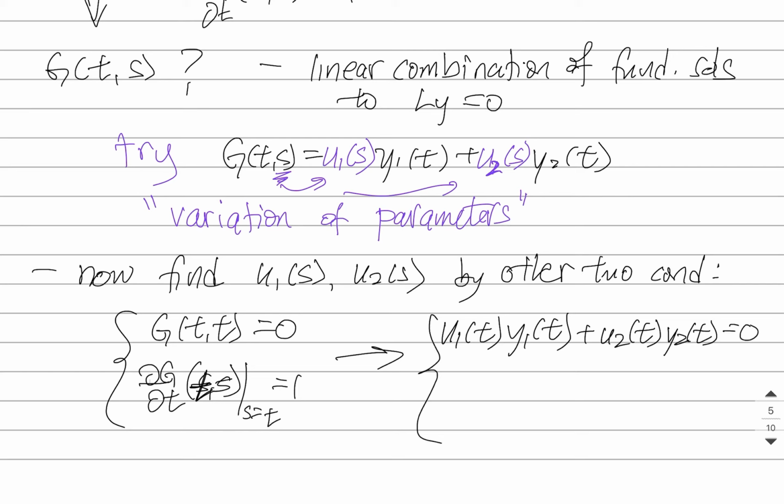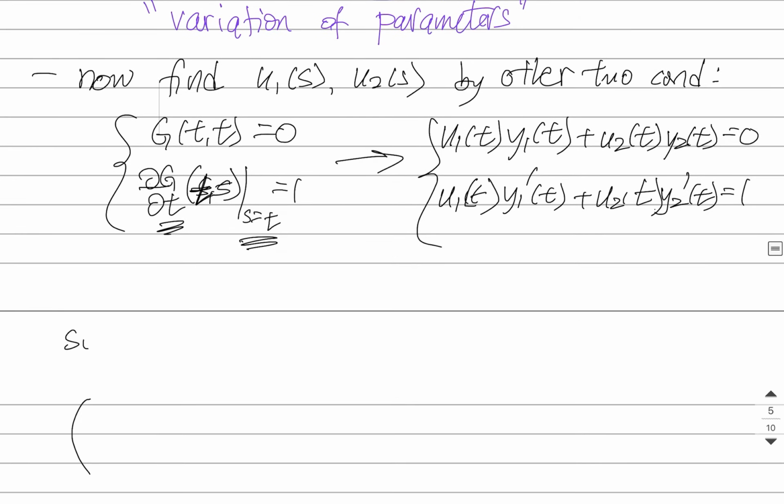And because I'm doing a partial derivative with respect to t, the only parts that will get affected are the parts that start with a t. So then this will be u2 of s times this derivative, and that'll be equal to 1. But because I have to plug in s equal to t, that'll be a t, and that'll be a t. I'm going to get a system for u1 and u2.